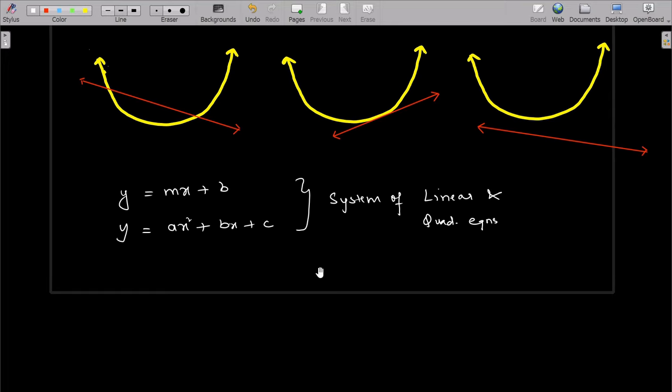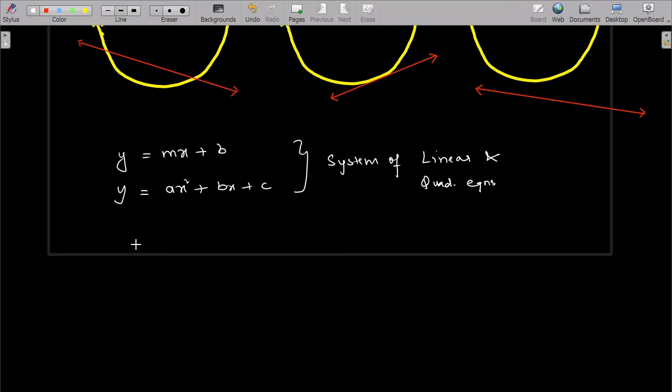Let's say we have y is equal to negative 2x plus 11. That's the equation of a line, and we have a parabola. Let's take the previous one, x square minus 5x plus 6.